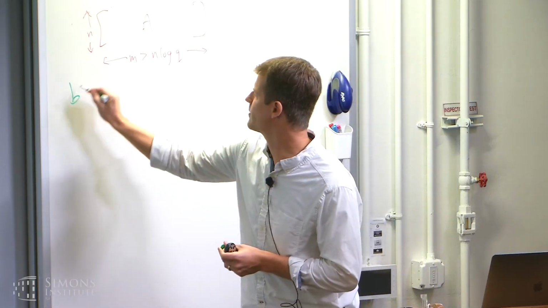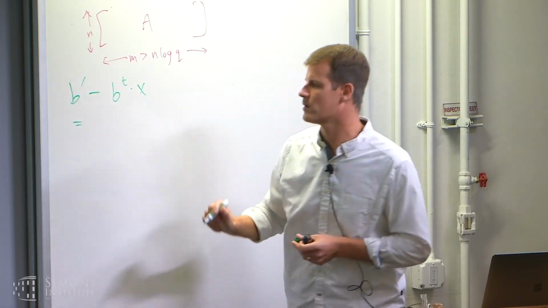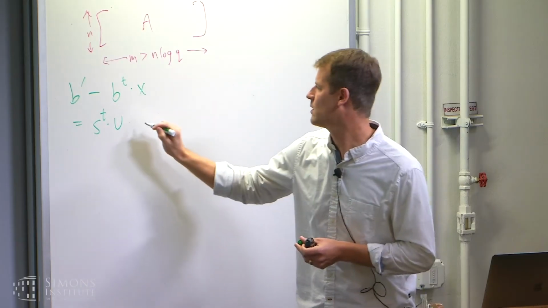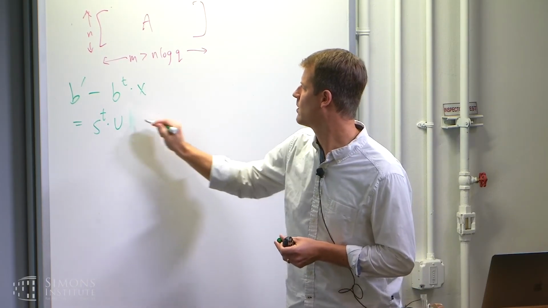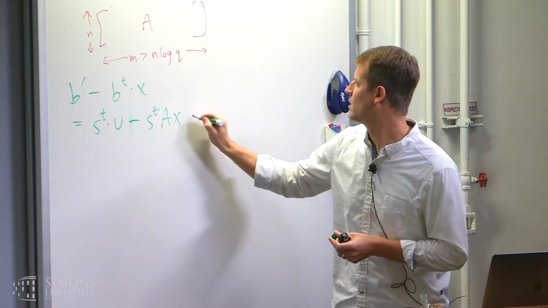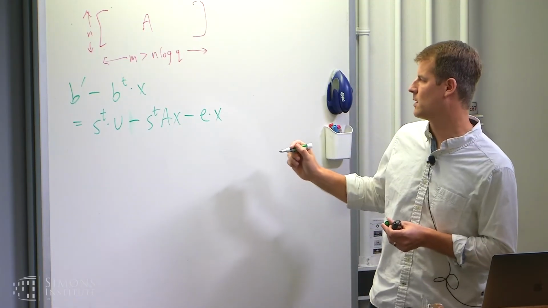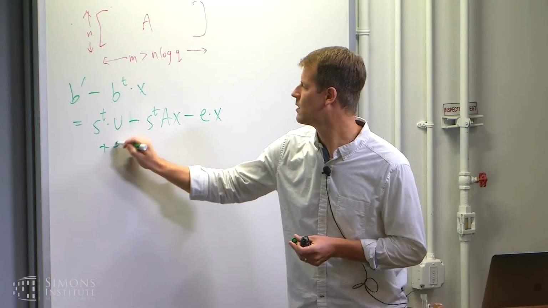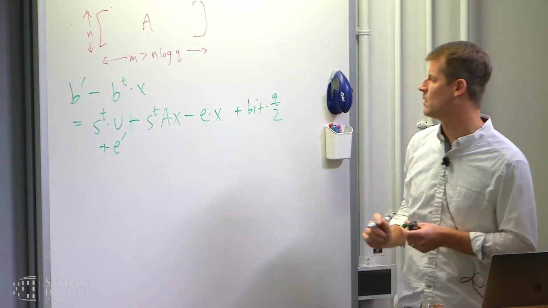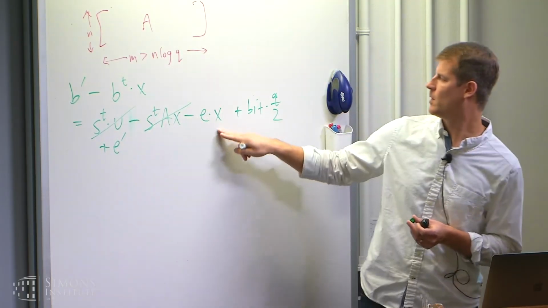Just write it here for reference. So these cancel out, and we're left with E prime minus E x.